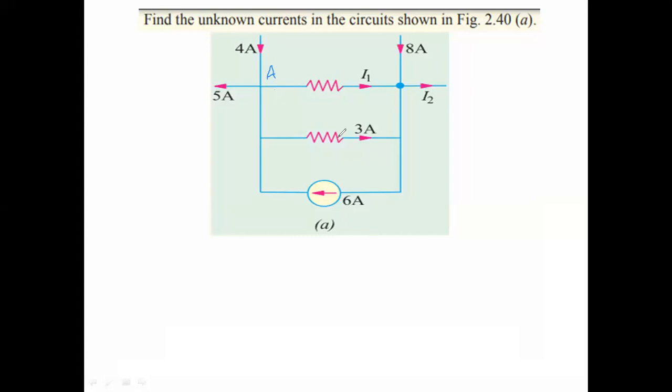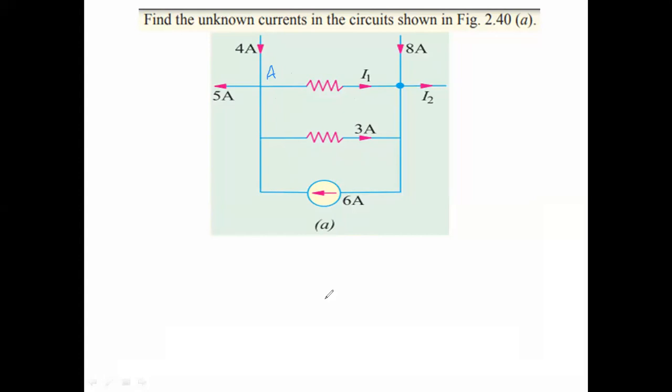The 6 ampere current source is coming into junction A. So the incoming currents are 4 amperes and 6 amperes, and the outgoing currents are 5 amperes, I1 and 3 amperes.